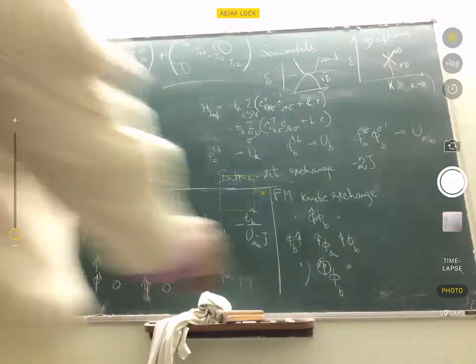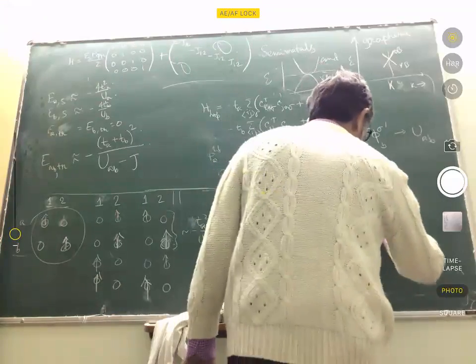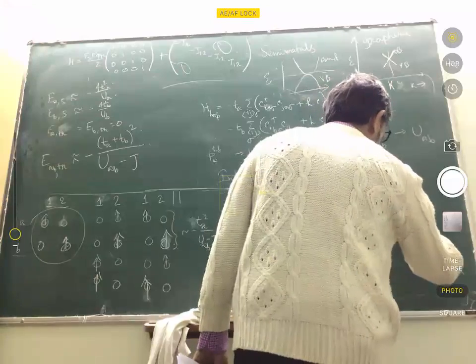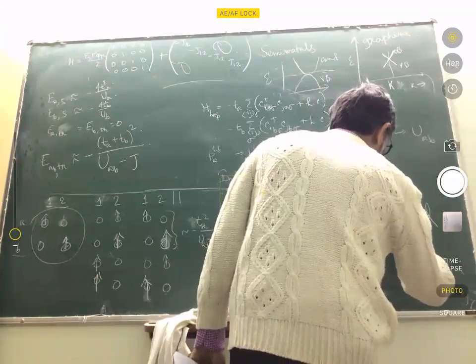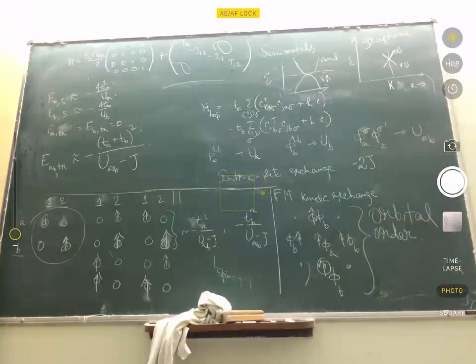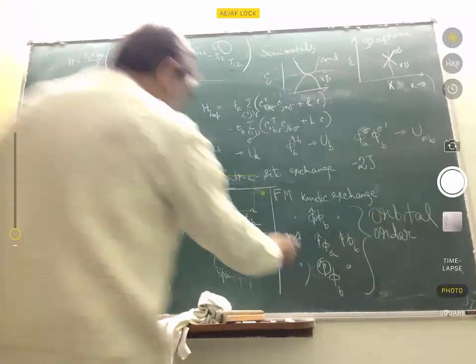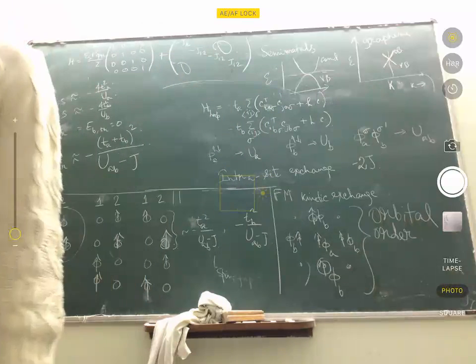This situation is called an orbital order. The orbitals are ordered in the sense that on alternate sides, alternate orbitals are occupied by electrons.